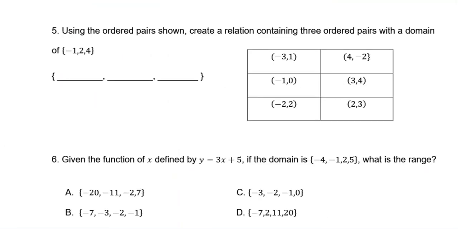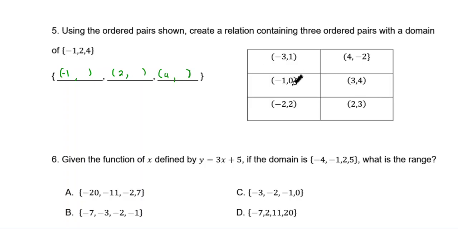All right, next one. It says using the ordered pairs shown, create a relation containing 3 ordered pairs with a domain of -1, 2, and 4. So basically, we want to find 3 ordered pairs that have a domain of -1, 2, and 4.